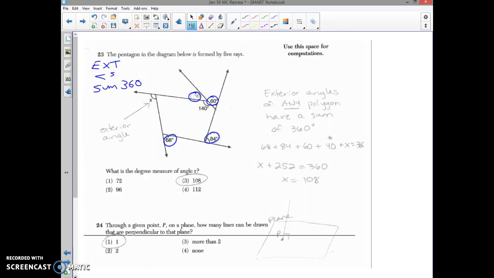So the first thing that Mrs. Pearson did was find this exterior angle right here, which was 40. Now, what I would do is something simple on my calculator: 360 minus 40 minus 60 minus 84 minus 68 to come up with this missing exterior angle. Should be 108.